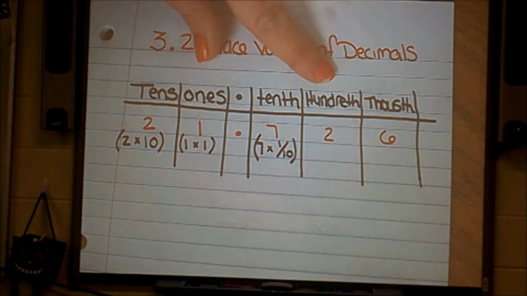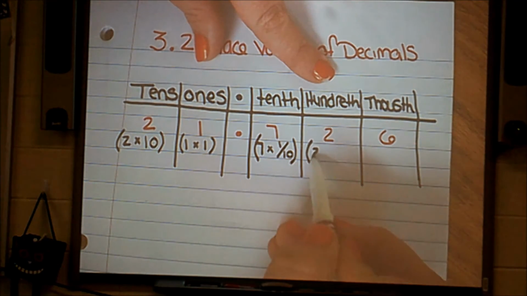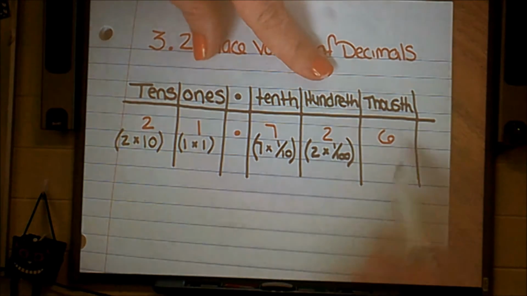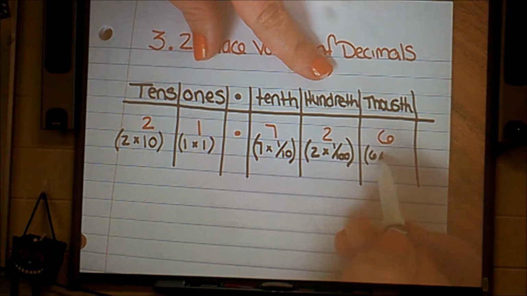Going through the line, my 2 lives in my hundredths place. And my 6 lives in my thousandths place.